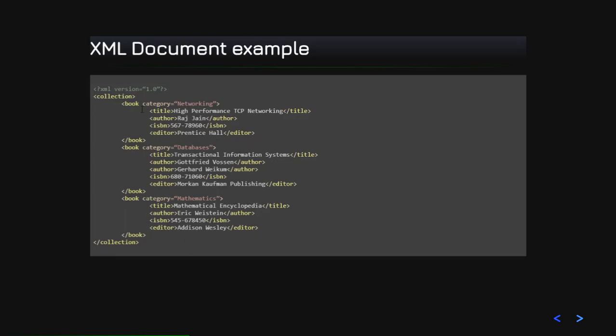By just looking at this document, you humans immediately understand that this document is about a collection of books, and each book has a title, author, and so on. It has a category here, a title, an author, ISBN, and so on. So you immediately understand that this document is about books, and it describes books. This is what it means, self-describing data.